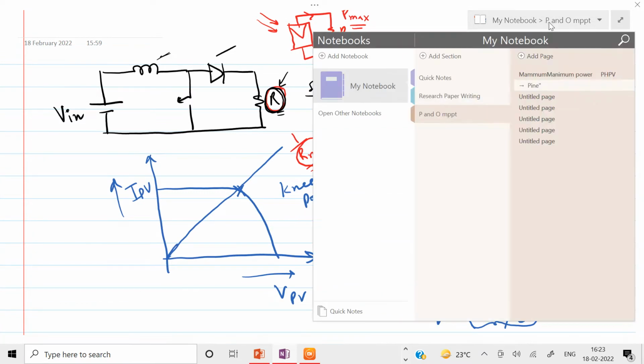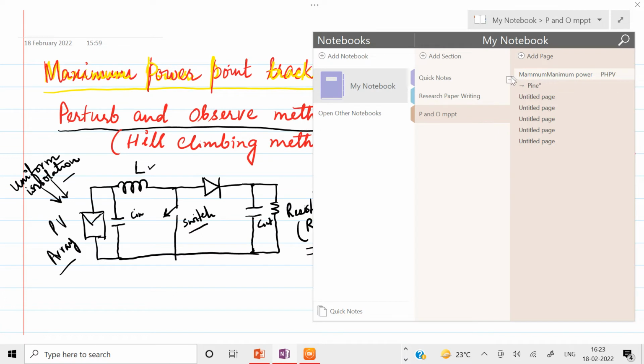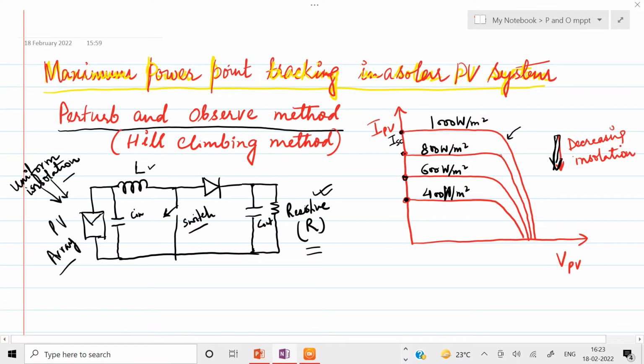So you see here that the IV characteristic is changing, and the voltage at which the maximum power occurs is different in all the 4 cases when the voltage is changing.